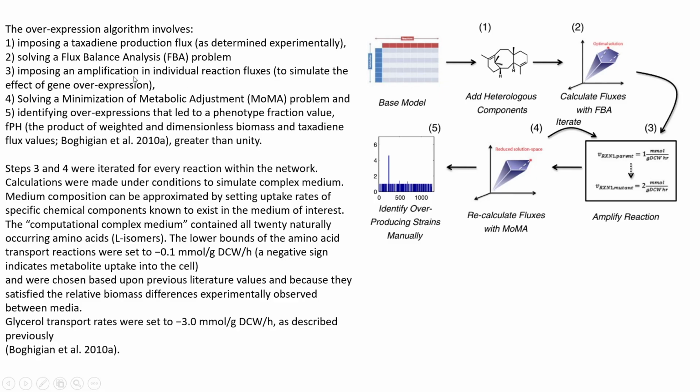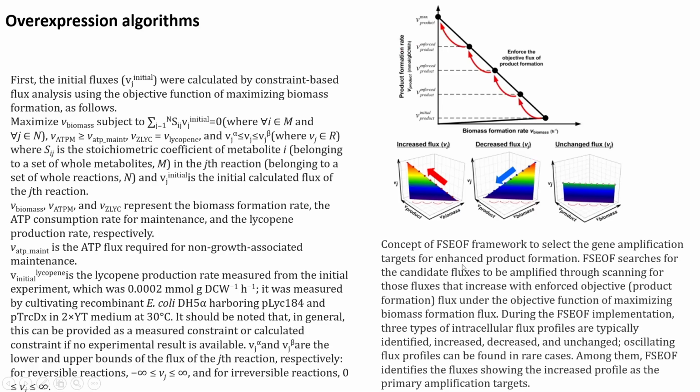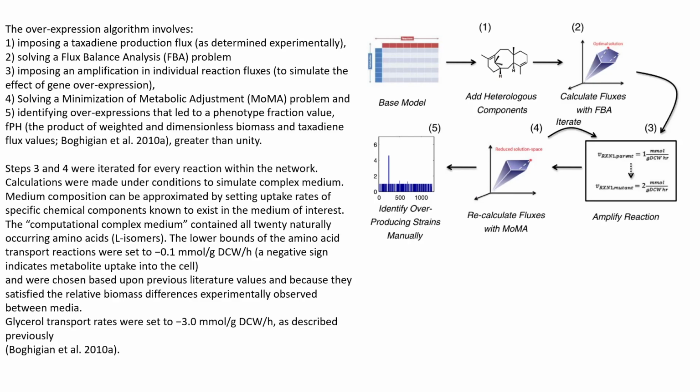Then you solve an FBA problem and impose an amplification in individual reaction fluxes to simulate the effect of gene overexpression. That is what we saw here. You search for the candidate fluxes to be amplified by scanning for those fluxes that increase with the enforced objective, as in, increase with increase in production.